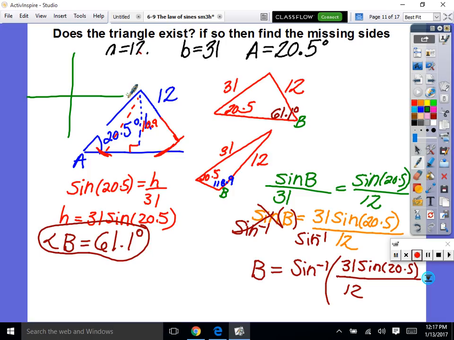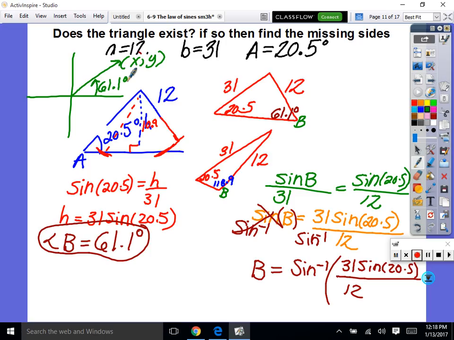Okay, let's try 61.1 degrees, correct? So we go up this amount from here to here, and that's an XY point, right? 61.1 degrees is going to have an XY point. If I said to you, find the sine of 61.1, it would be this Y value, correct?